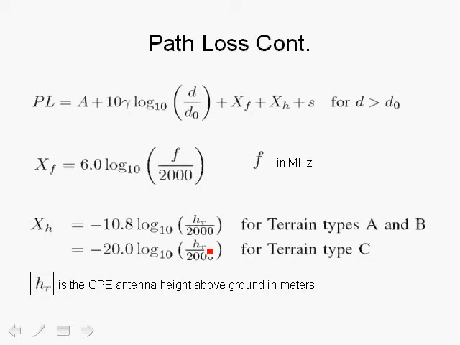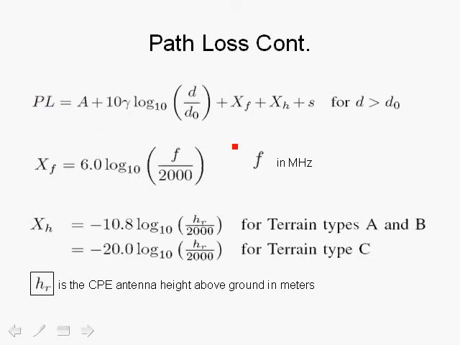Also note that as we increase the height of the CPE, or customer premise equipment, or the subscriber, as we see over here, as we increase h sub r, then the total path loss decreases, which makes sense. The higher the antenna for the CPE, the less the path loss.